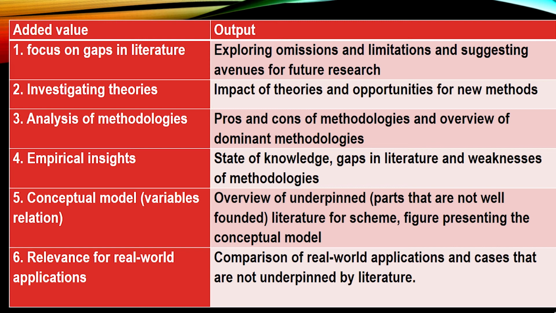Empirical insight, state of knowledge, gaps in literature and weaknesses of methodologies. 5. Conceptual model, variables relation, overview of what is underpinned, parts that are not well-founded, literature for a scheme or figure presenting the conceptual model. 6. Relevance for real-world applications, comparison of real-world applications and cases that are not underpinned by literature.